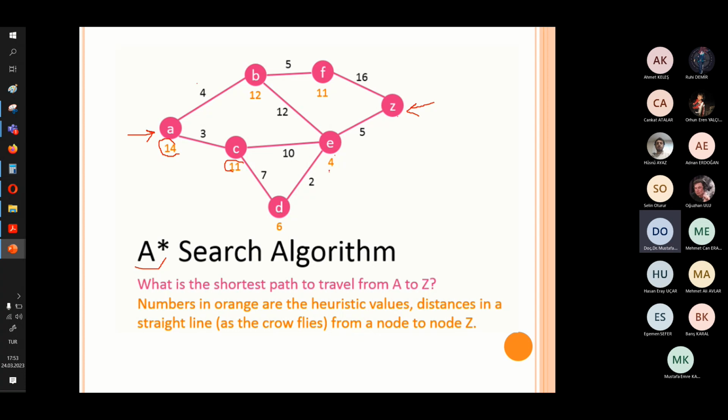This is our heuristic value. Someone has to supply you with those numbers, or if you are the one making the decisions, then you have to supply those heuristic values yourself.